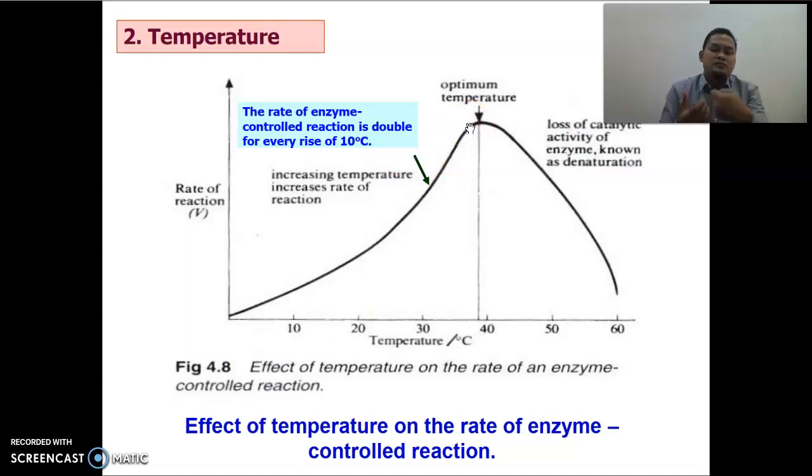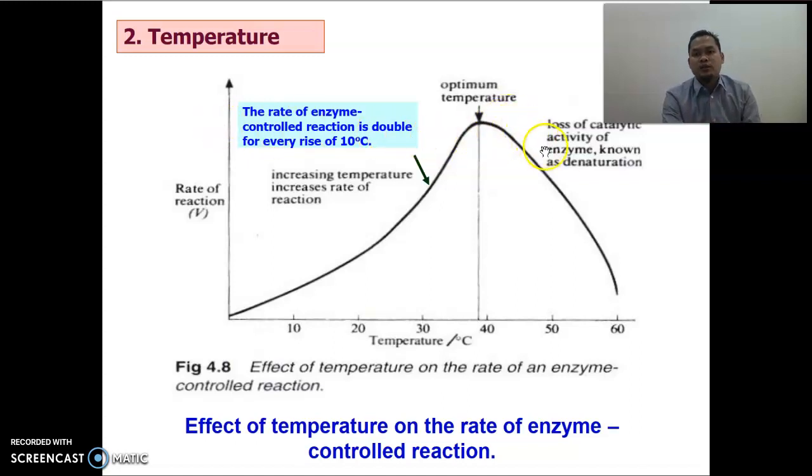So the more frequent of the substrate bind with the active site of the enzyme to form enzyme substrate complex, the rate of reaction increase. At the optimum temperature, the rate of reaction become maximum. Ini ayat yang saya guna ya. Okay.